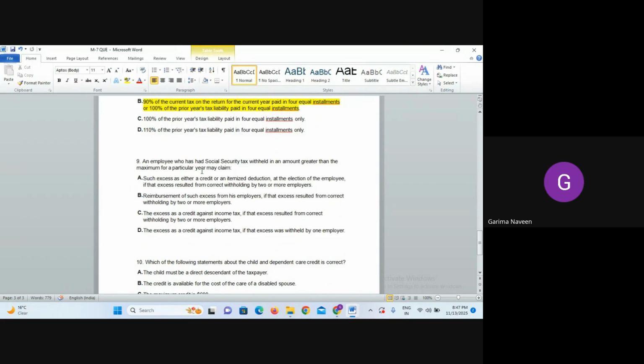It means withholding is greater than the estimated amount. Will you get the refund or not? Or will you get the excess of the taxes as credit or not?